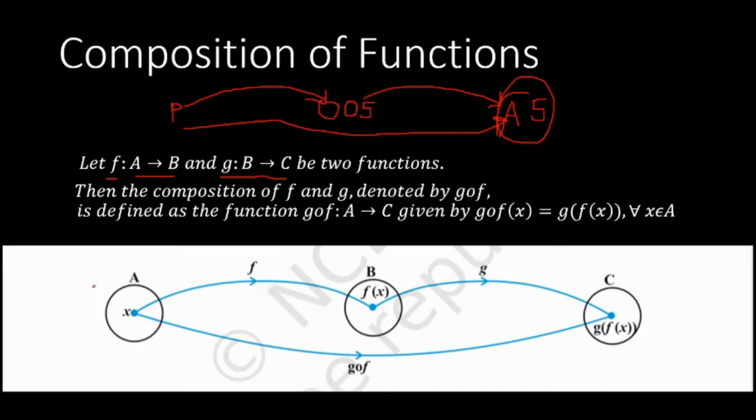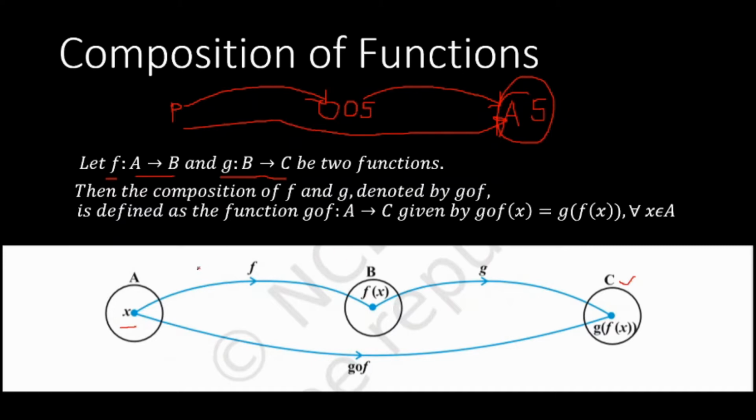Function f. We have here three sets: set A, set B, and set C. Set A has an element, a random element x. This is our element x. When the function f is applied on the element x, we get f of x.